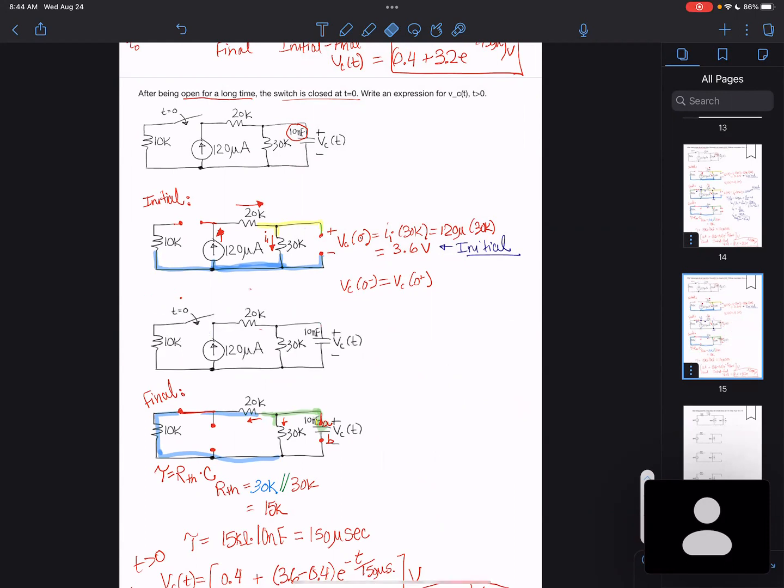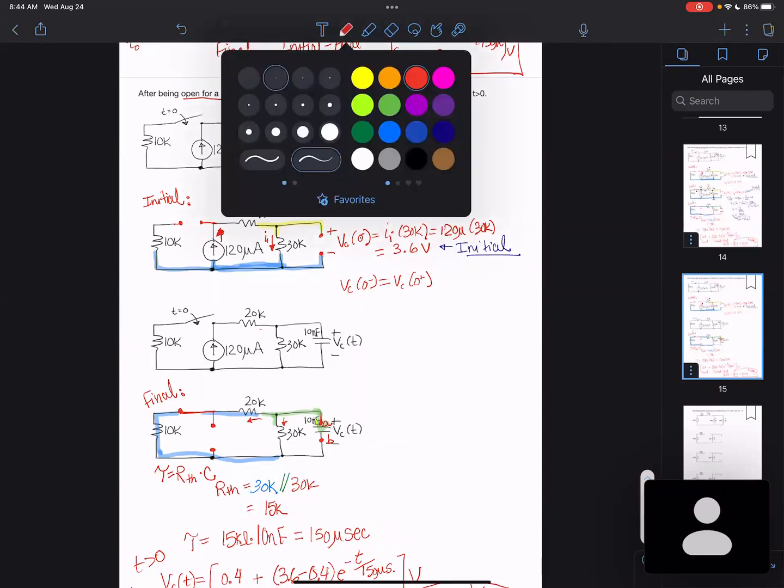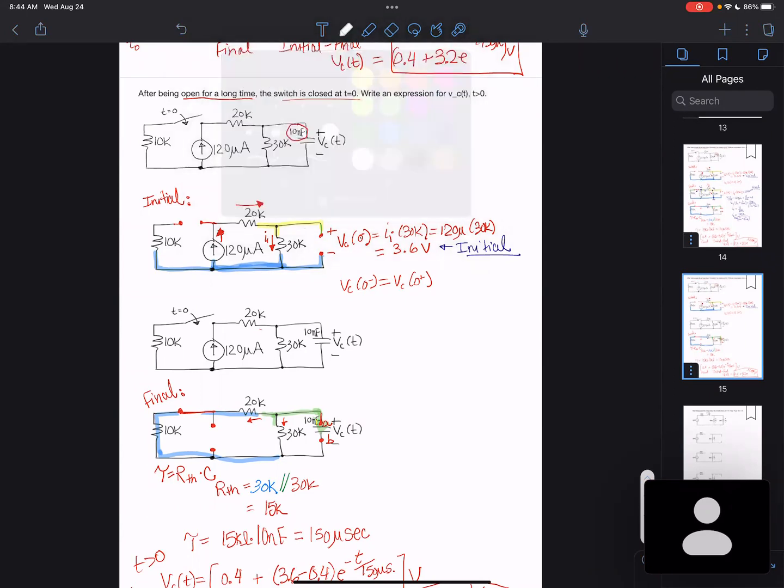Okay. So all right, so if in this case, whoa, big line.